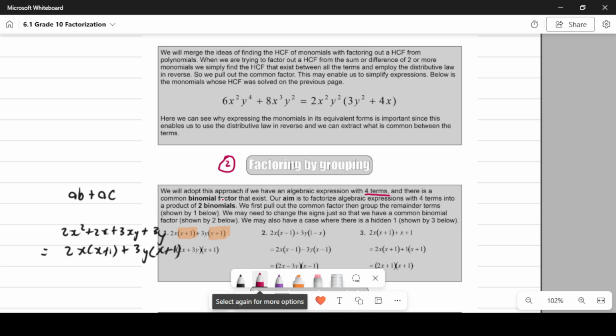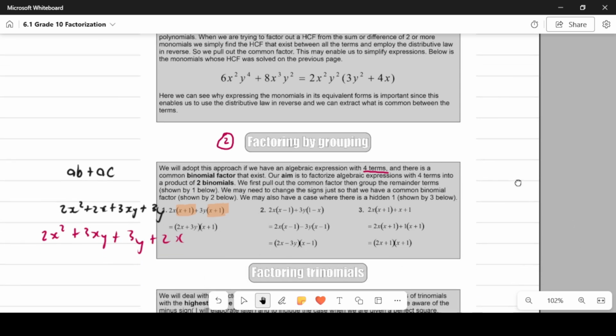So therefore, I'm using factoring by grouping, and I can extract the common binomial factor as x plus 1 into 2x plus 3y. Right? Very simple. So you're just considering this bracket as a single term, and you're distributing this term into each of the terms in the other bracket. Right, so that's one type of question that you could be given.